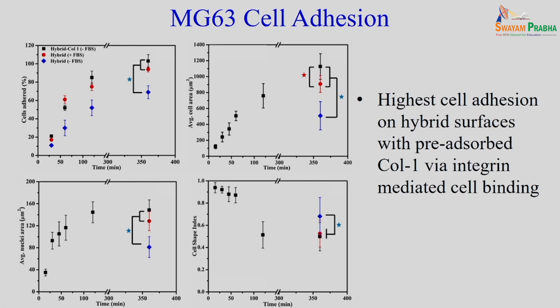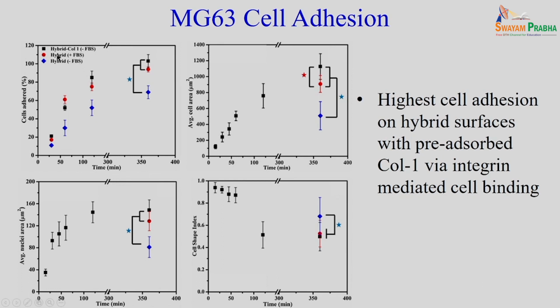So, as expected, if there is no protein, the cells have to secrete the protein for cell adhesion. In that case, we observe very poor cell adhesion where the media had no FBS or no protein. Now, there are two other cases.